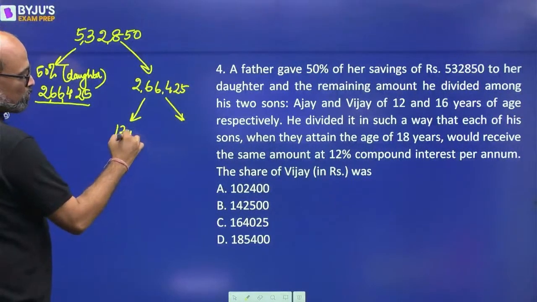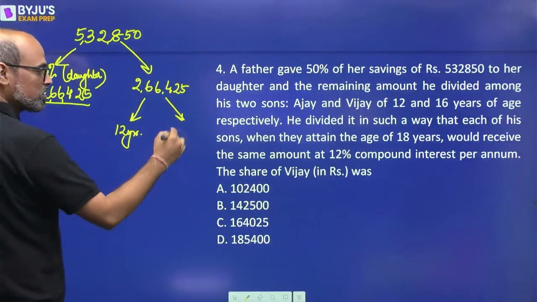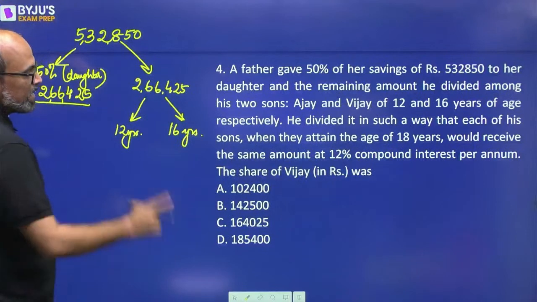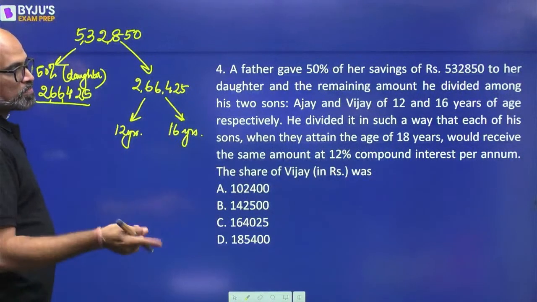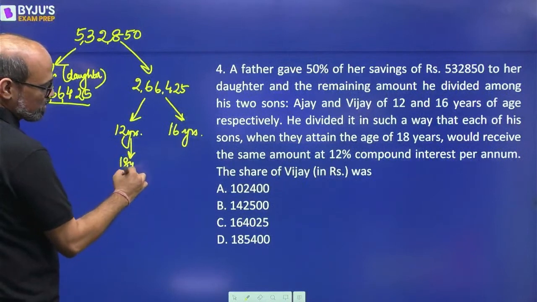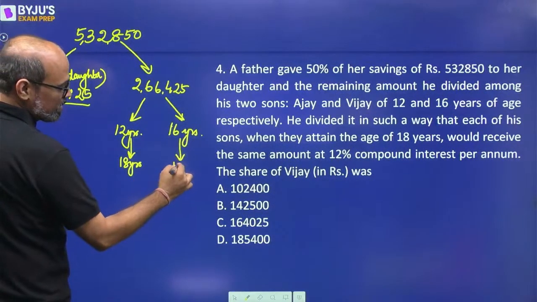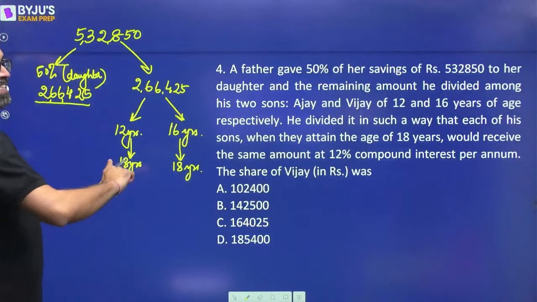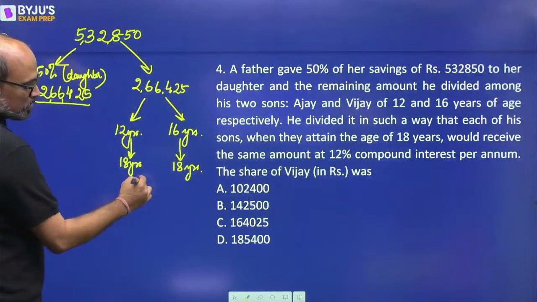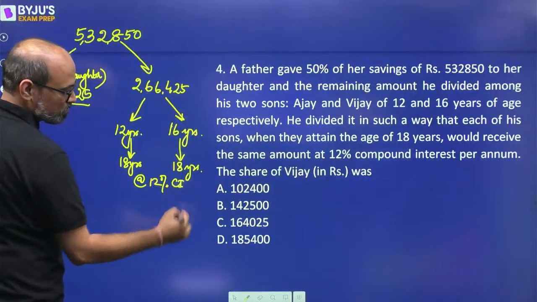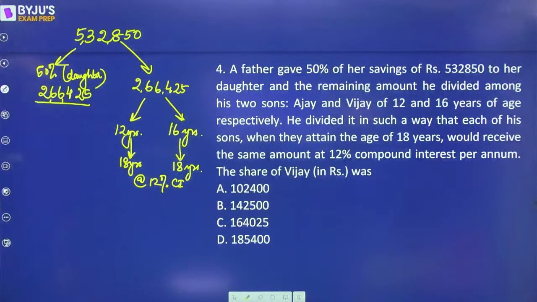एक बच्चा जो है वो 12 years old है, one of the sons, and the next son is 16 years old. And he divides them in such a way that each of his sons, when they attain the age of 18 years, जब ये भी 18 years का हो जाएगा और जब ये भी 18 years का हो जाएगा, then they will get the same amount at 12% compounded interest per annum, right?